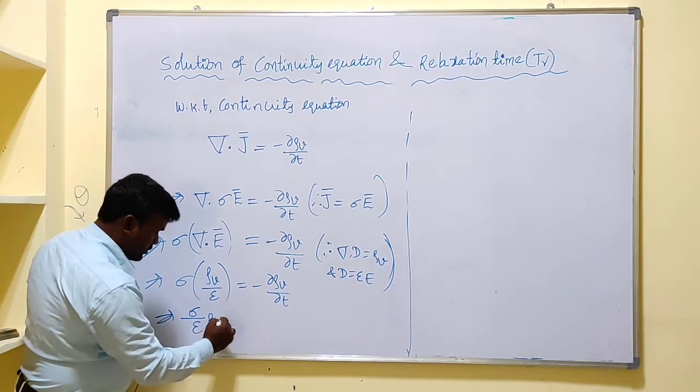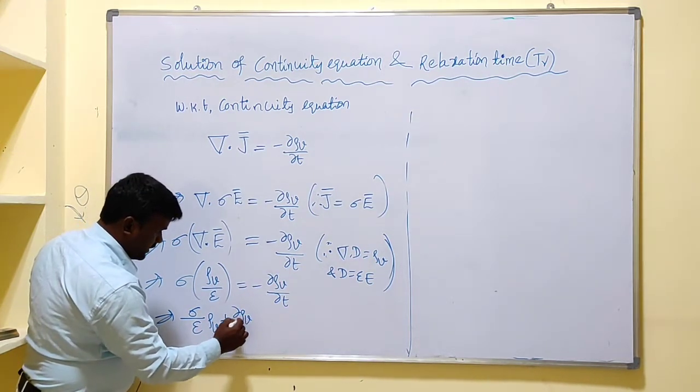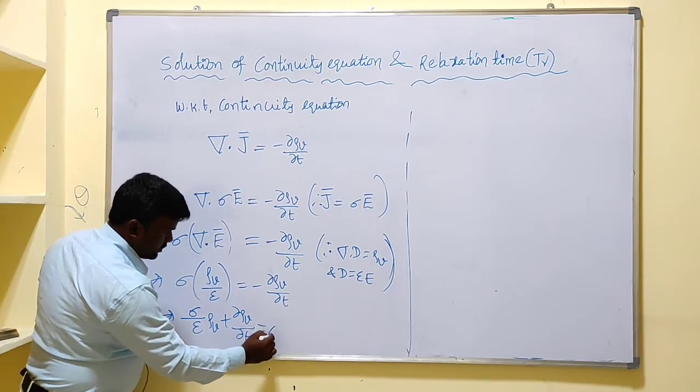Let us send the dou rho v by dou t term to this side, equal to 0.